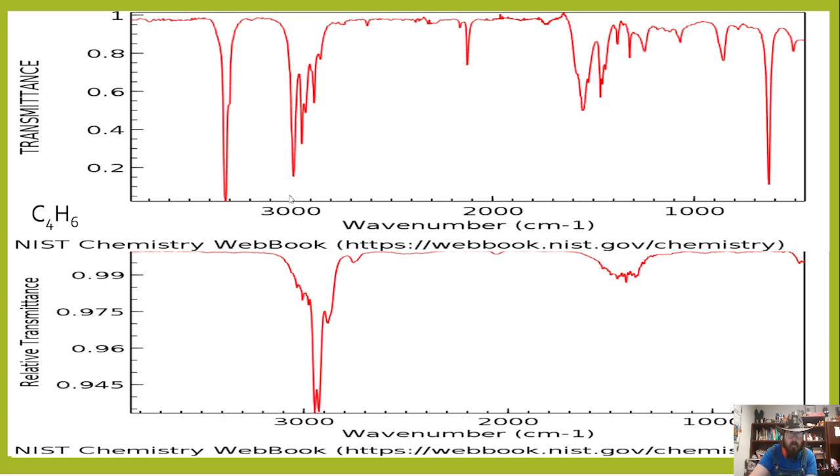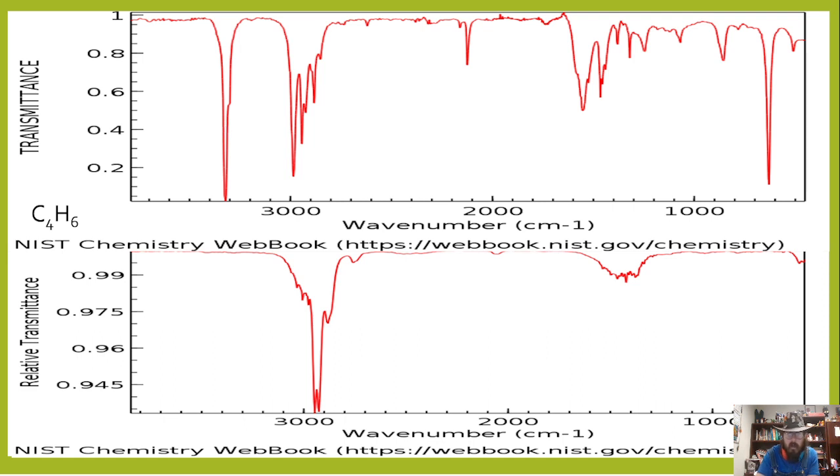What we have here, 3100, 3200, there's 3300, so this guy is a CH sp hybridized stretch. It's a very sharp peak from an sp hybridized CH stretch. So there's the alkyne, and there is the alkynyl CH. This is a terminal alkyne.